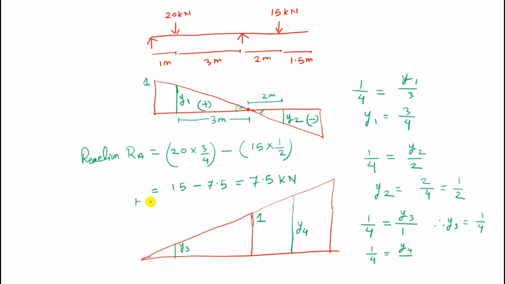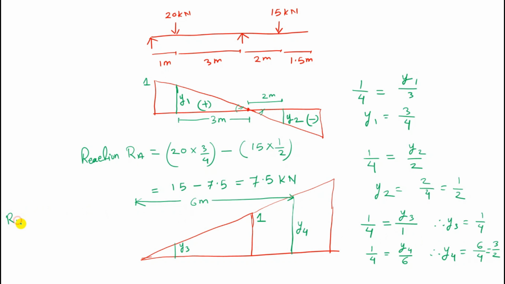Total distance will be 6 meter. Hence y4 equals 6 by 4, that is 3 by 2.